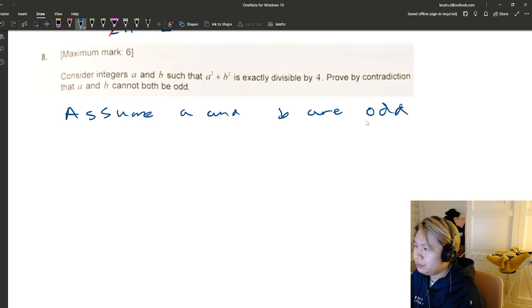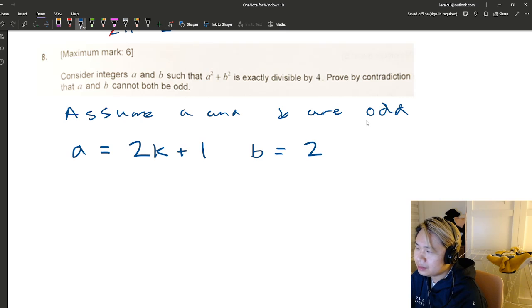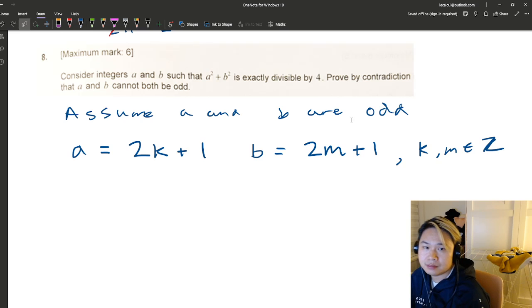So what that means is that you can write a as 2 times a multiple of 2 plus or minus 1, doesn't really matter. And then likewise, b is a multiple of 2. We should use a different integer though, plus or minus 1. And then k and m are integers.